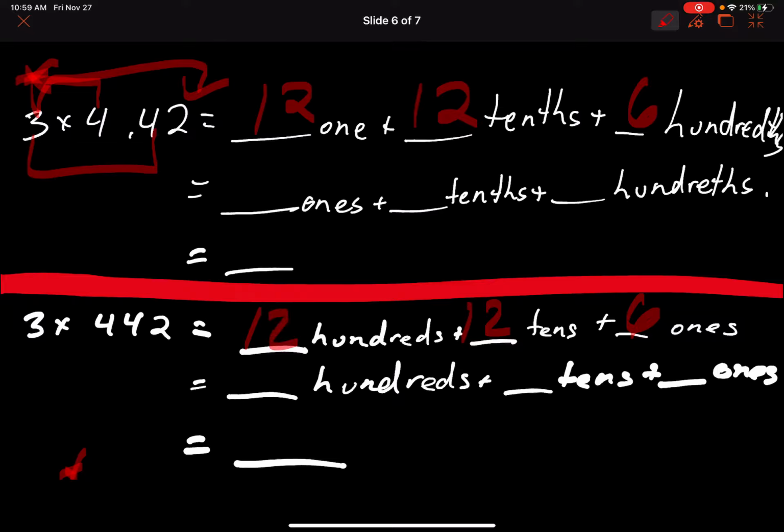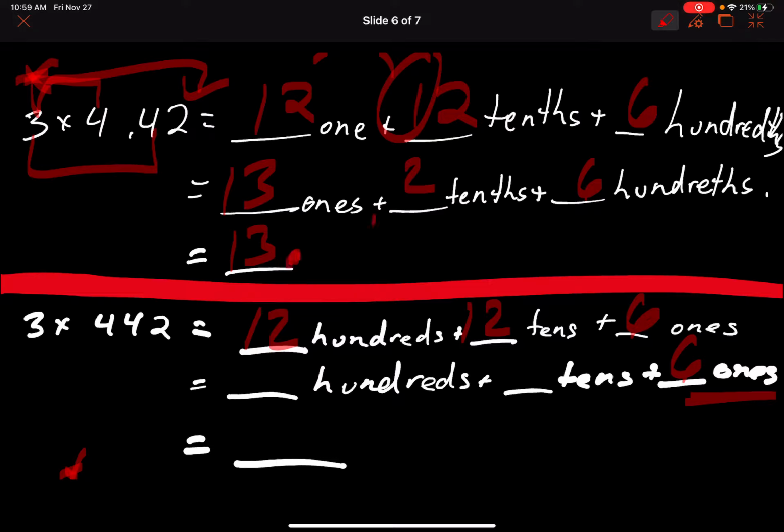So this is the same process. So I still have 6 hundredths. I have 6 ones down here. Here, I'm going to have a 12, so the 12 gets regrouped to the ones place, so the 10 there gets regrouped. So this would be 13, and this would be 2. So I would have 13. And then the decimal goes here because the decimal goes between the ones and the tenths. And then I would have 26 hundredths.